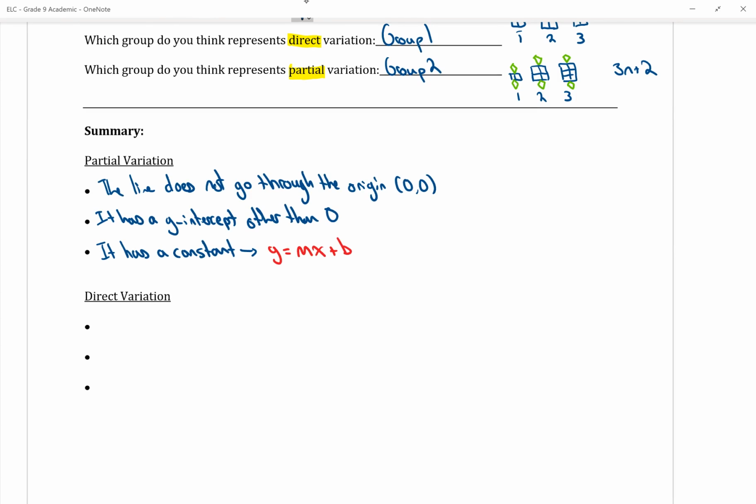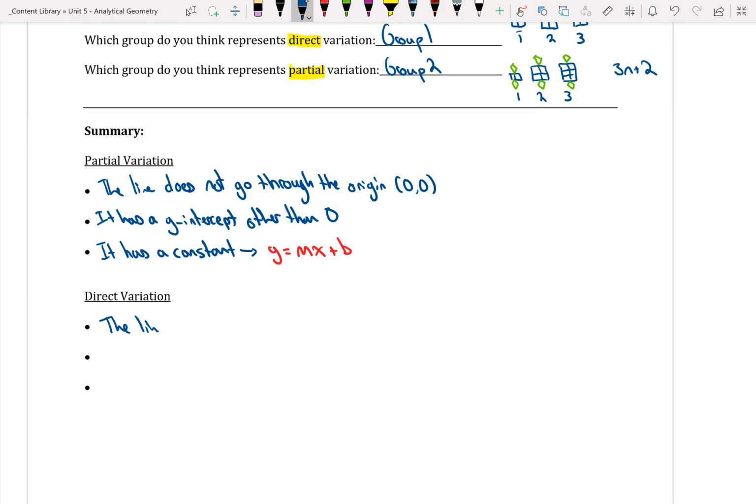Direct variation means that the line does go through the origin, or the point (0, 0). So that means that the y-intercept is 0, and it has no constant.